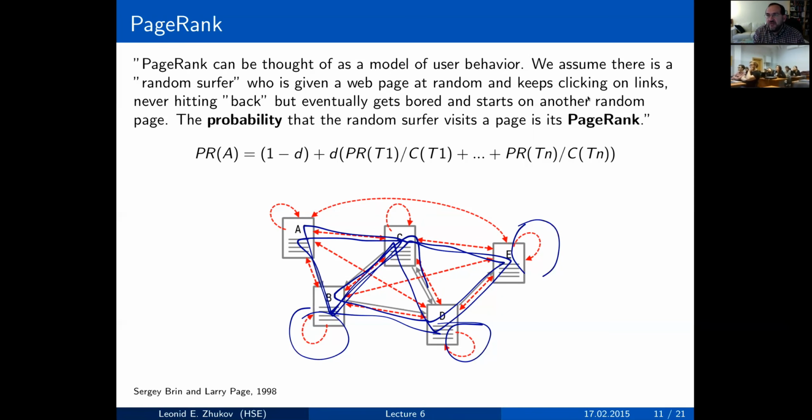It's just the structure of the layout of the city is such that with a higher probability you end up on certain squares, on certain corners of the city. From the perspective of the PageRank, it really means that those squares and corners will have a higher rank. So there is a high probability that a random walker, random surfer, visits the page. Okay? So the key here is a random walk. A random walk on a graph.